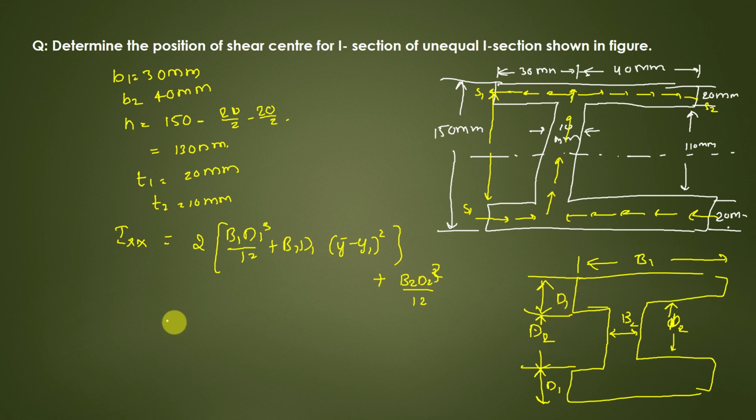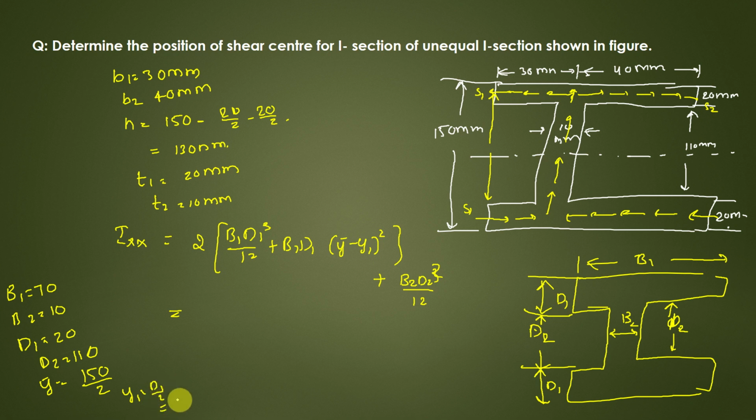So let me substitute all the parameters here. The values are clearly written in notes. Okay, let me otherwise write it here. B1 is 70, B2 is 10, D1 is 20, D2 is 110, Y bar will be 150 by 2, and Y1 will be D1 by 2, that will be 20 by 2, 10 mm.